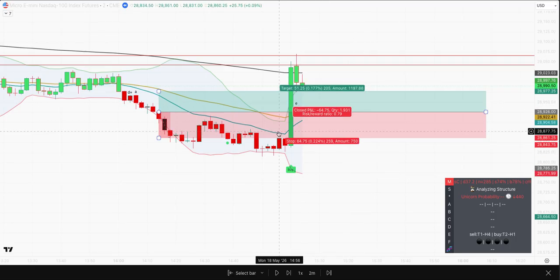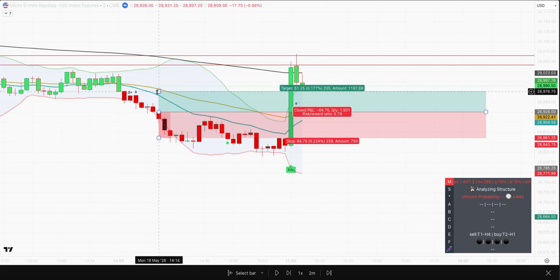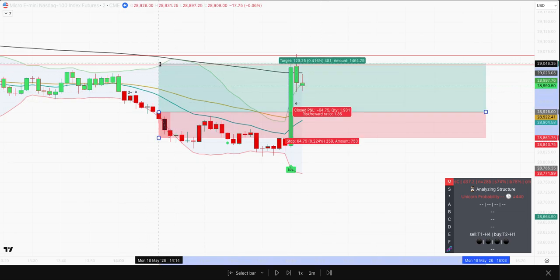My stop goes below the 50, below the Bollinger Band upper, and below the 21. Pull this back up to here. 1.78R. Not too bad. Take it right back up to the bottom of the PTR. That's one entry.